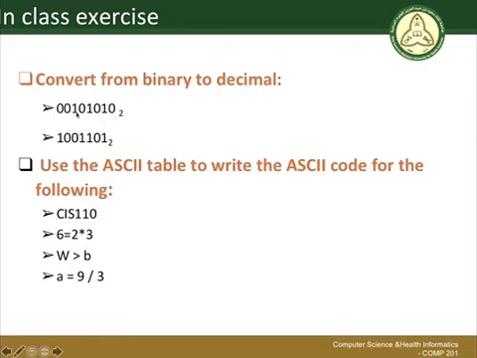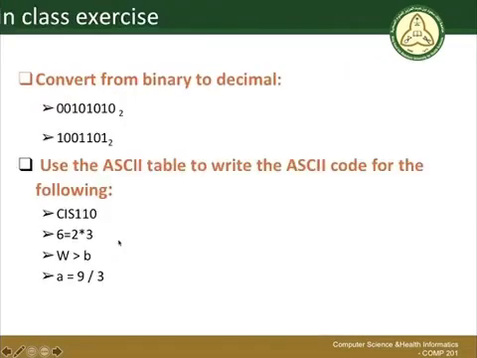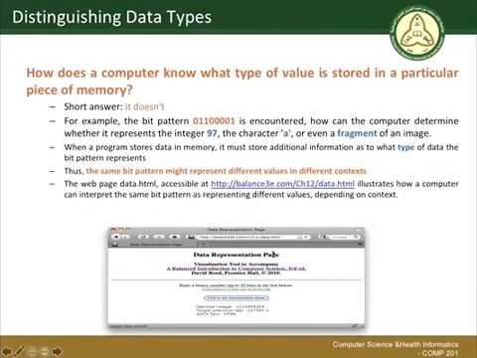So try to convert this number from binary to decimal using the procedure we explained in the lecture, and after you get the value in decimal, put this code in the previous application here and check what the value will be, and you might notice that it also represents another data type.